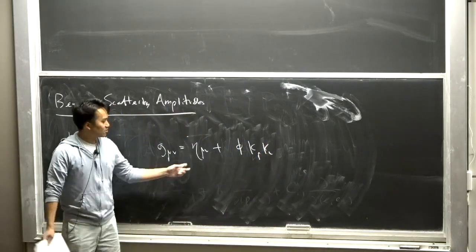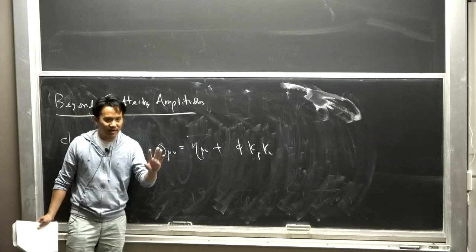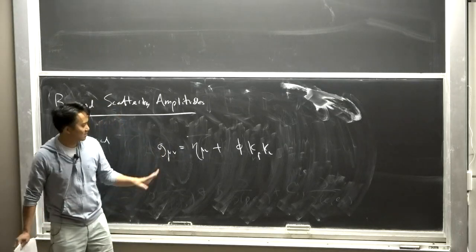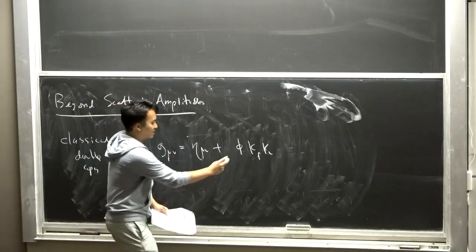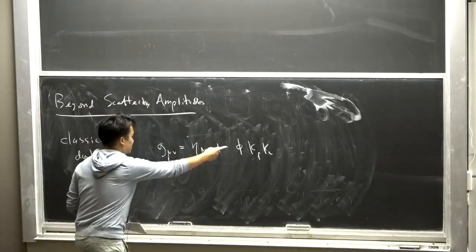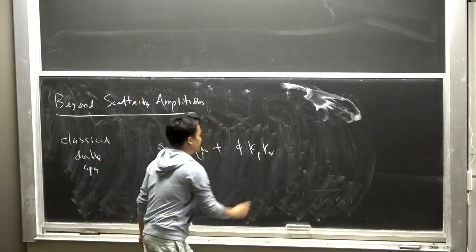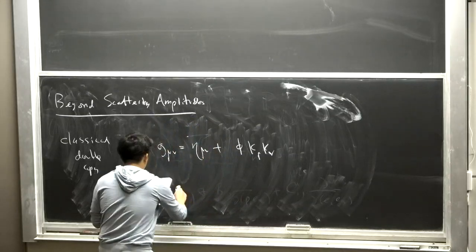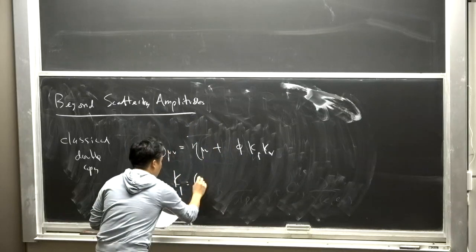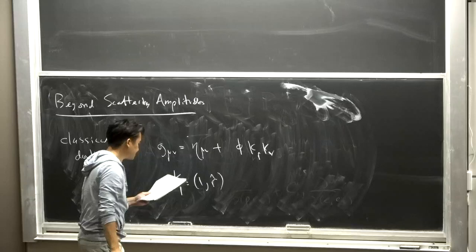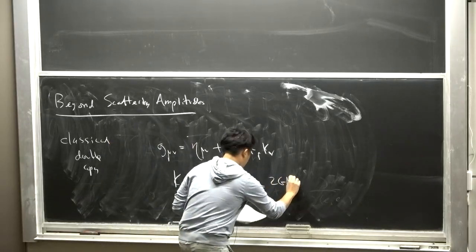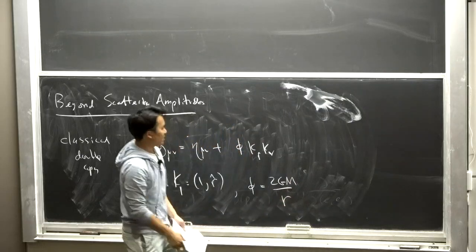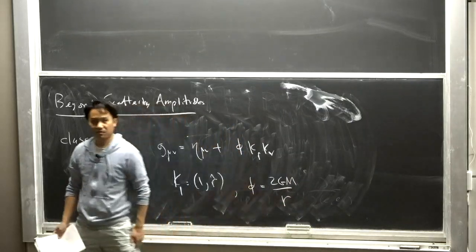I just want to emphasize there's an h here, which you may think means I'm doing perturbation theory, but this is just a way of parametrizing the Schwarzschild metric. Let me tell you what k is. K here is not just some constant; K is (1, r hat), and phi is 2GM over r, the Schwarzschild radius divided by r.